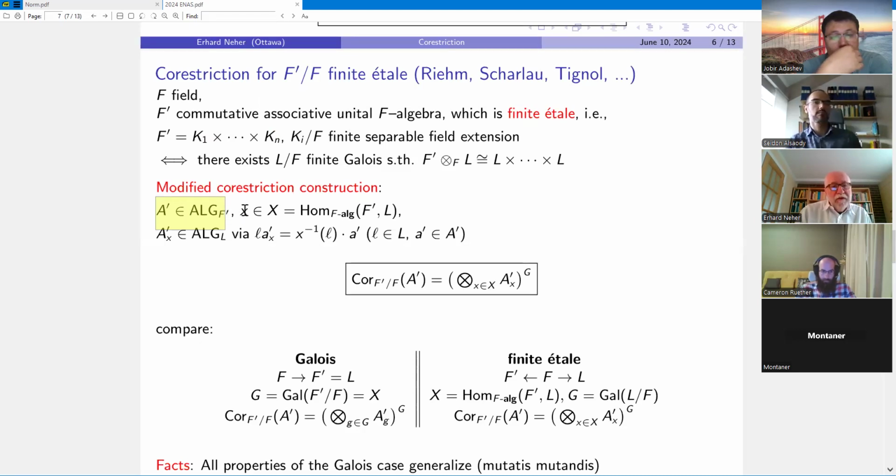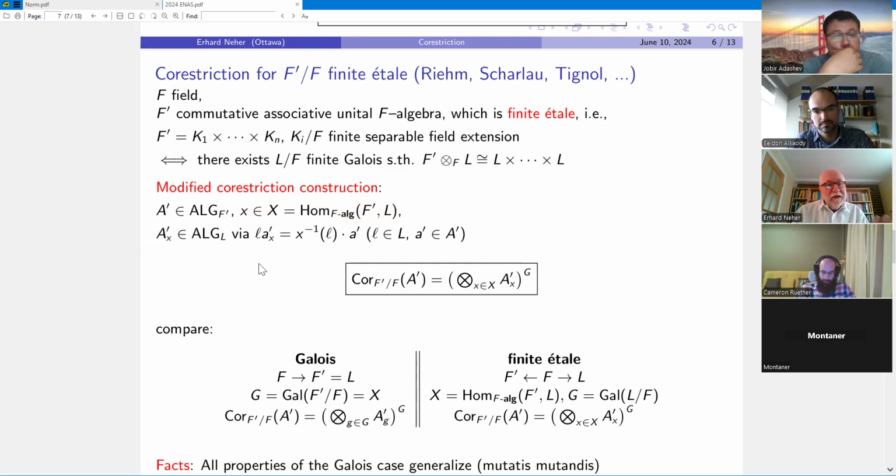Now, previously, we had a Galois group element, which I used to change the scalar multiplication. Now I will use an X in the homomorphisms of F algebras, the homomorphisms which go from F prime to L.